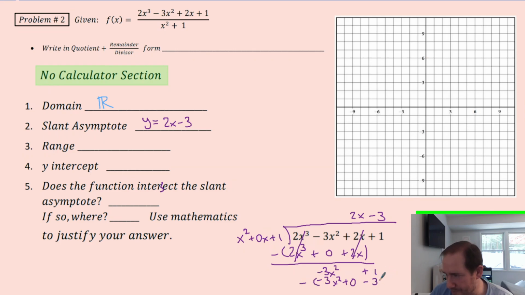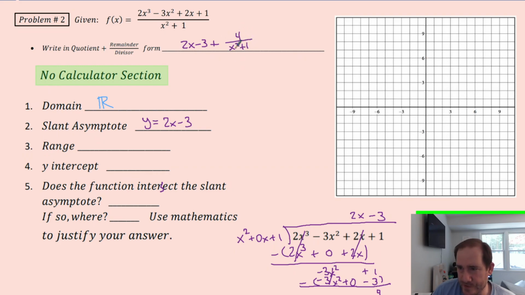I know I'm running out of space. I see myself creeping up on that line. These are going to cancel. And then I find myself adding 3 to 1. I get 4. So we have a constant remainder. That means it'll never equal 0. So if we were to rewrite this, we're going to be 2x minus 3 plus just 4 over x squared plus 1.